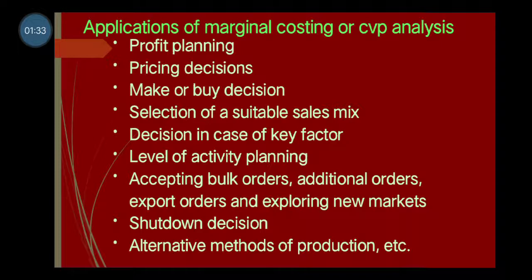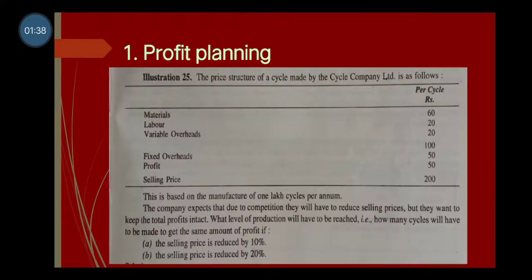So we are moving to the first one, profit planning. In marginal costing, all the decisions are taken on the basis of a decision criterion called contribution. You know how to calculate contribution: sales minus variable cost is equal to contribution.